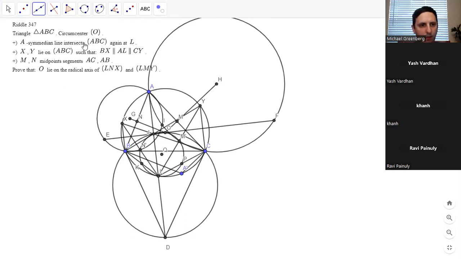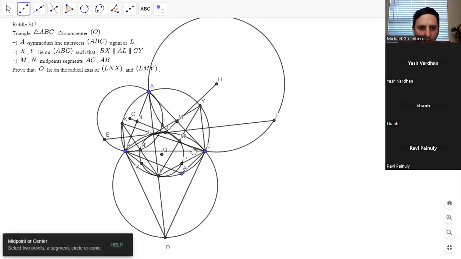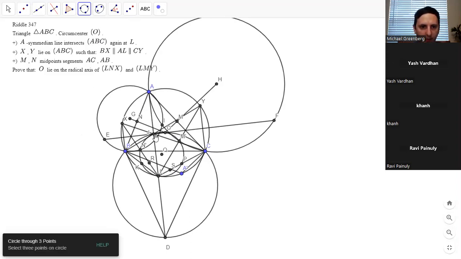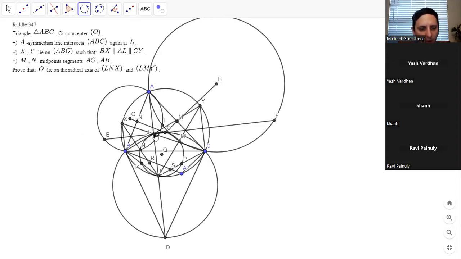So we take the midpoint of this, and the midpoint of this, then a homothety of ratio half takes this to the circumcircle JRK. So it's the same as showing that Q lies on the radical axis of JRK and JSP.